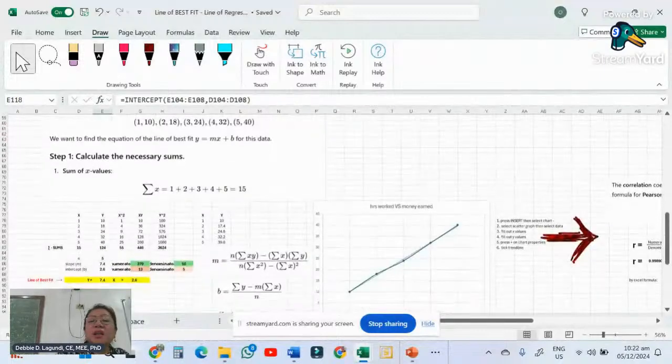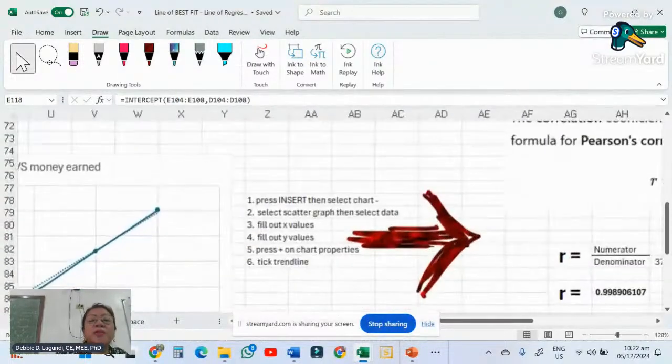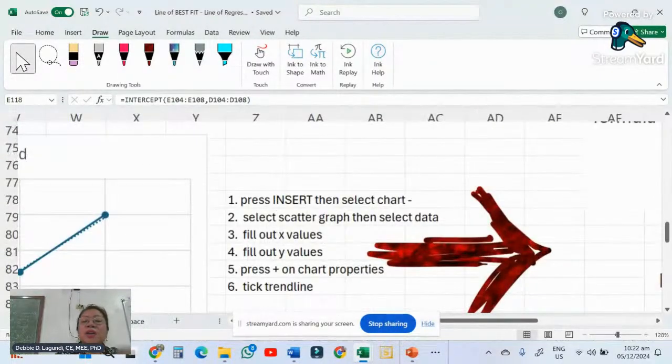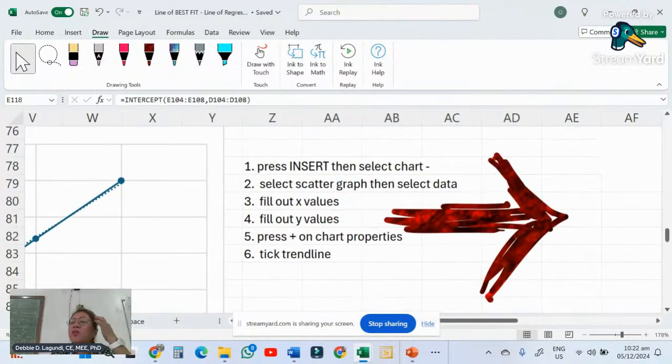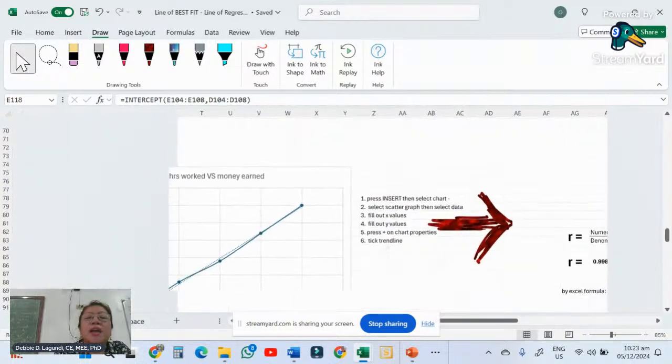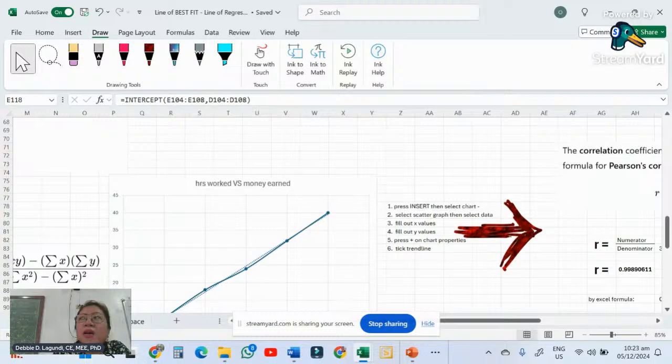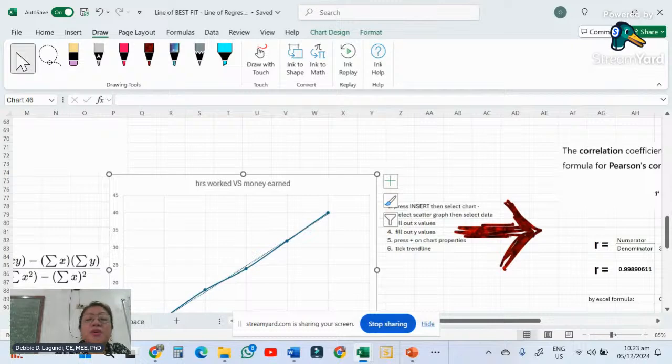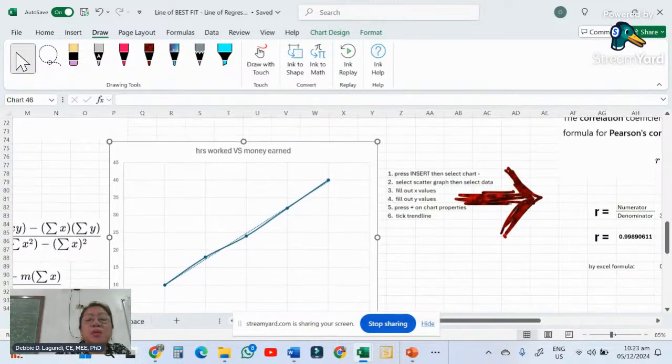I have written it for you. You can take a screenshot so you will have a reference. First, you have to press insert, then select chart. Let's prepare the space for our graph. I will remove this first, but we will be producing one like this.